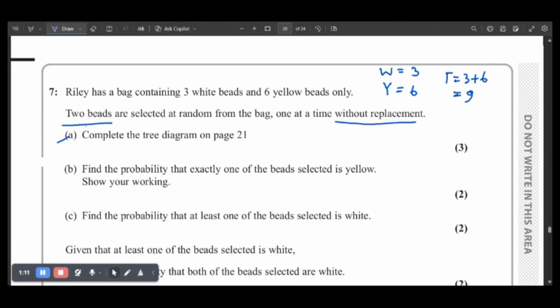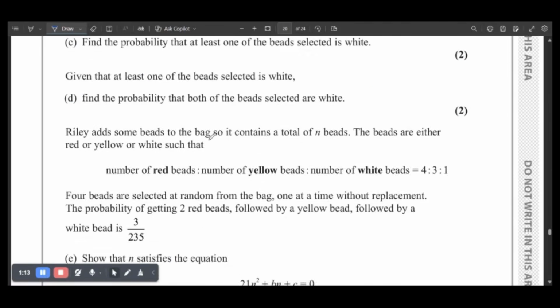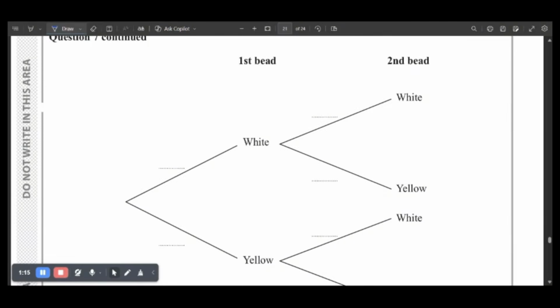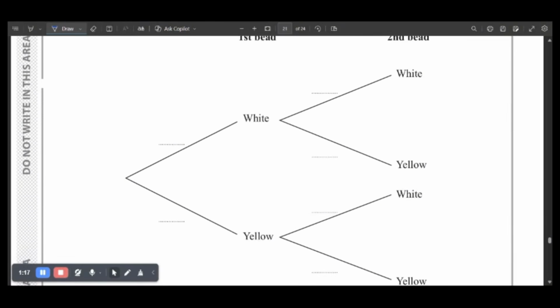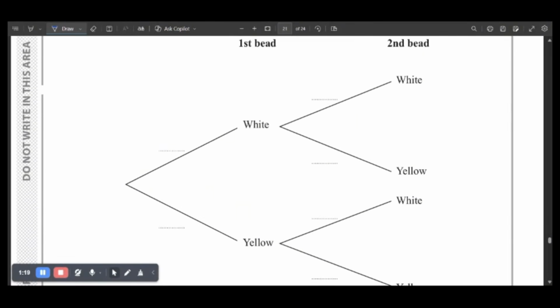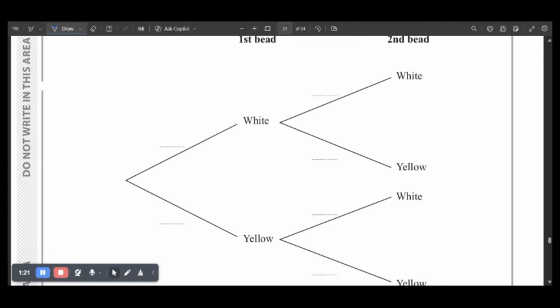In part A, we are told to complete the tree diagram. So this is the tree diagram for the probability. We have to complete the whole tree diagram. Now, what is the probability of choosing white as the first bead? The total number of beads is 9 and the number of white beads is 3.